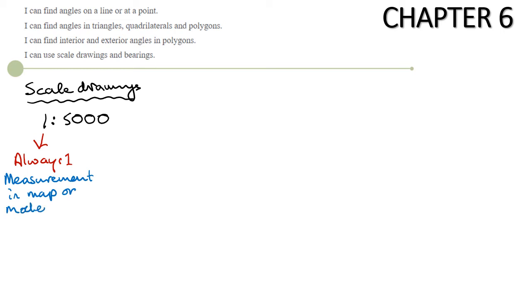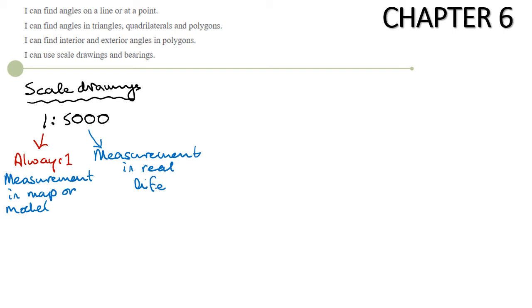So you've got some sort of map or scale drawing. It represents the measurement in the map or the model, whereas the second number can be any number, but this represents the measurement in real life.